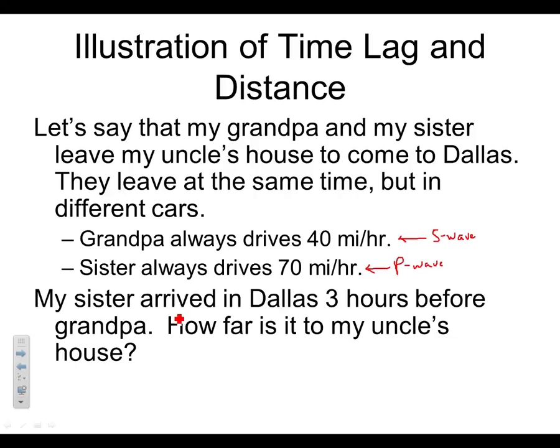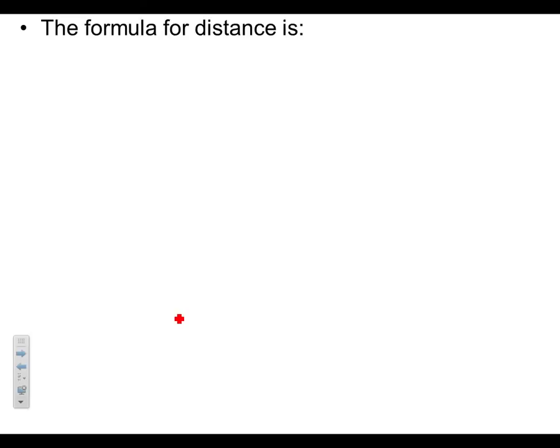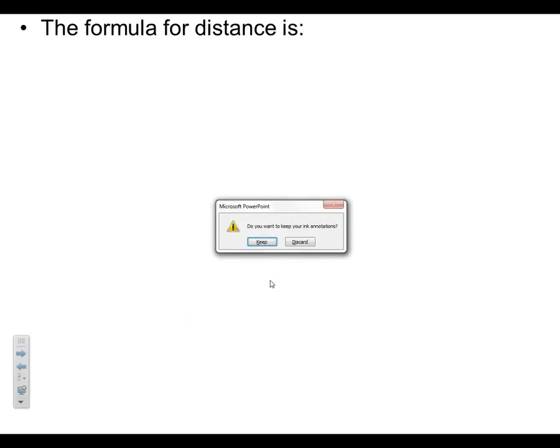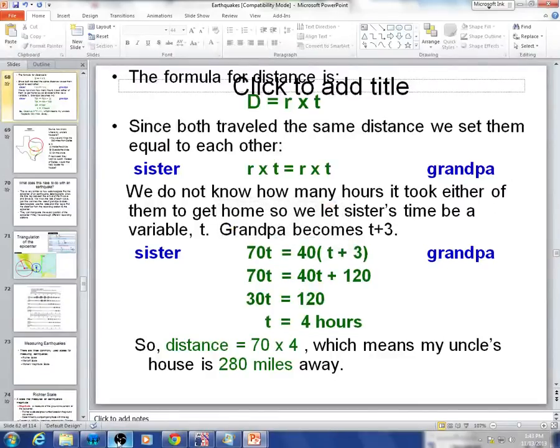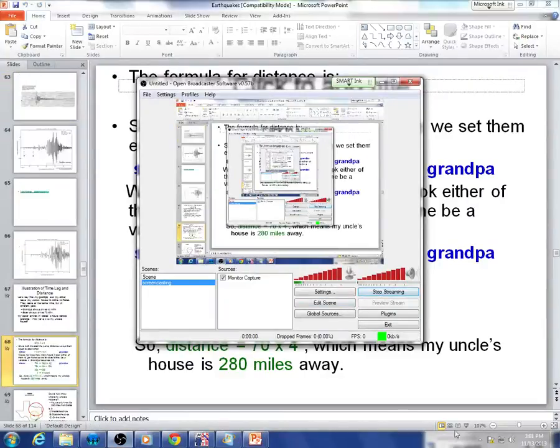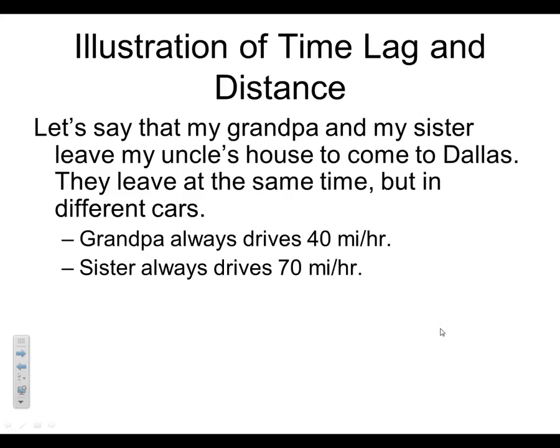Well, do we have enough information? We do. We do have enough information to solve the problem. If I go back again to the last slide, we had our information here, and we said that our sister was our P wave.